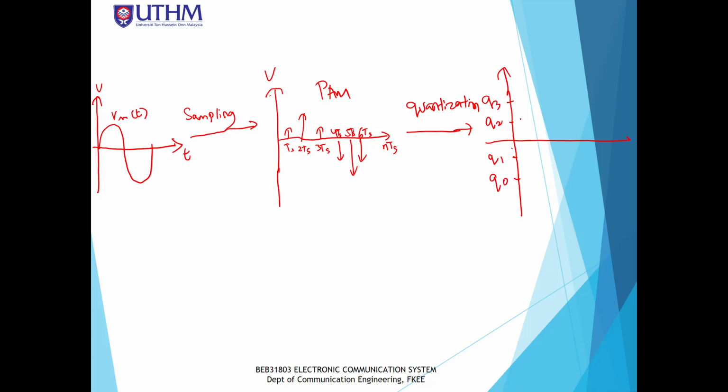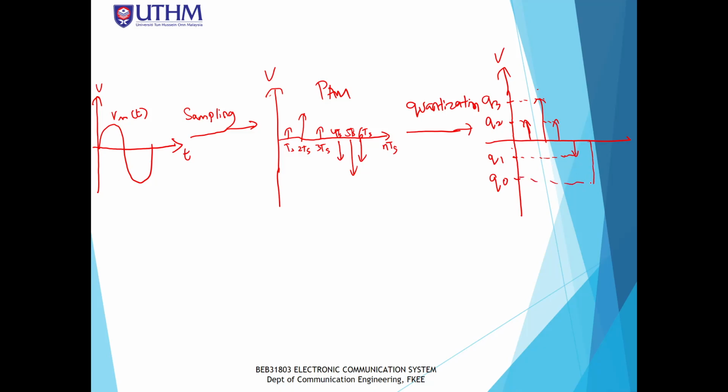If you see from my example, the first sample will be rounded up to Q2. Q means quantized level. Again, this is still in terms of voltage. Okay, it is still analog. And the second sample I round up to Q3, for example. Sample 3 I round up to Q2, quantized level number 2. For the fourth sample, I round up to Q1.